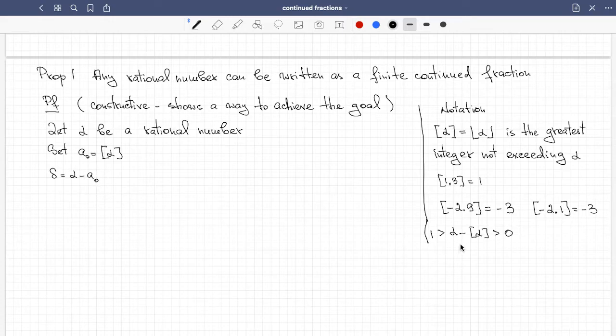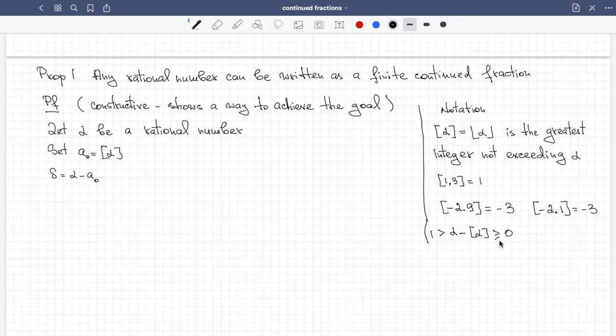According to this inequality, by the way, may it happen that they are equal? Yes. May it happen that this is 1? No. This inequality is non-strict, this one is strict. You cannot round 3 down to 2, the integer part of 3 is 3.